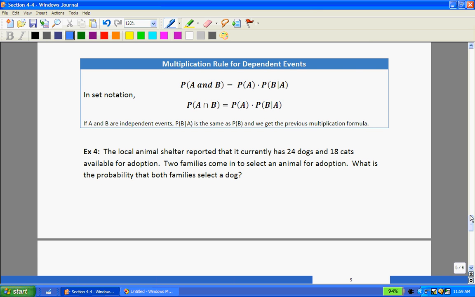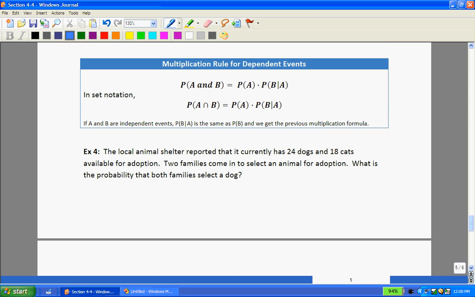Multiplication rule for dependent events: the probability of A and B is equal to the probability of A times the probability of B given that A has already happened, and that's the same thing if we use it with set notation and the intersection. Down here at the bottom though, if A and B are independent events, the probability of B given A is the same as the probability of B because it wasn't affected by A, and then we get back to our previous multiplication formula. So all of this works together.